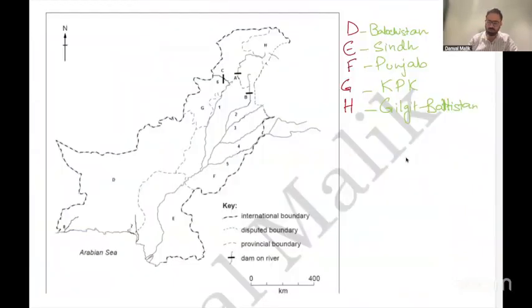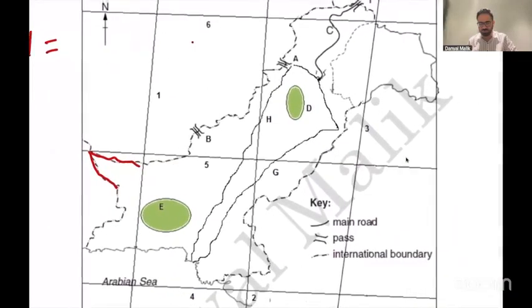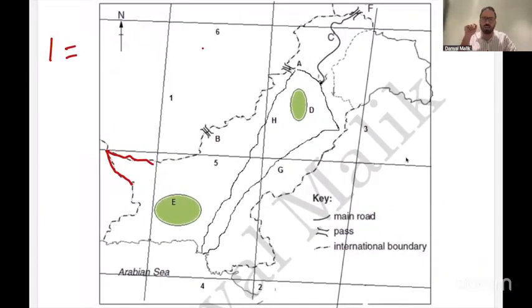Acha, now a quick go through. Let's see how well you guys have understood. Right now on the map in front of you, you can see 1, 2, 3, 4, 5, 6 lines: 3 lines of longitude, 3 lines of latitude. I'm giving it quickly, 2 minutes. Label these 6 lines, 3 lines of longitude and 3 lines of latitude.